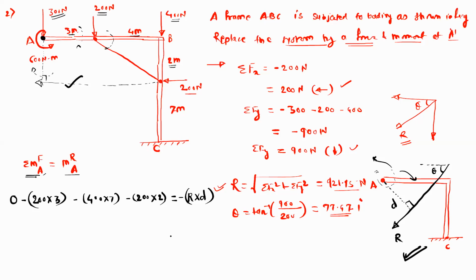Then find the distance D. In the summation of moment, add this 600 Newton meter as it is. The 600 Newton meter is in the clockwise direction, so this will be plus 600 Newton meter anti-clockwise.